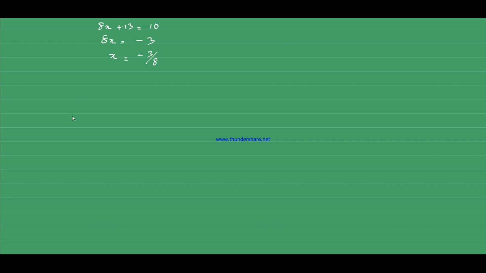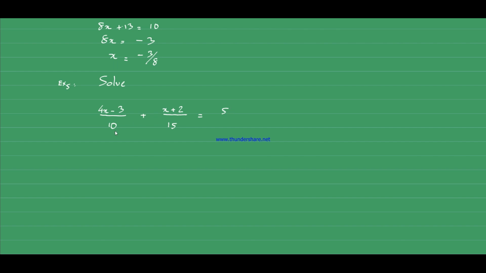So the goal is to try to get rid of the fraction. Alright, how about this one? Last one. What if I have (4x minus 3) over 10 plus (x plus 2) over 15 equal to 5?